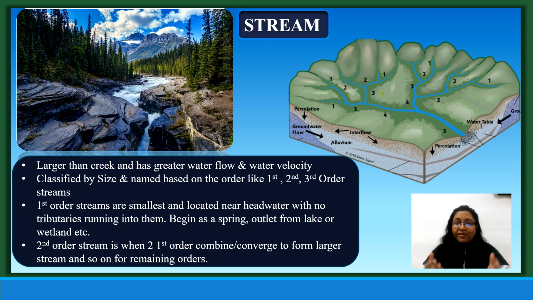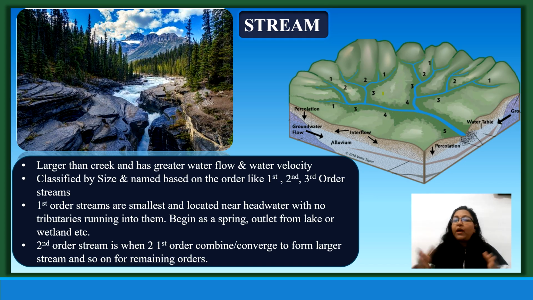Then what happens is, these stream order 1 are smallest in size and volume, but when they travel through the landscape, stream order 1 from different areas come together and join to form a bigger stream. And that bigger stream we call stream order 2.